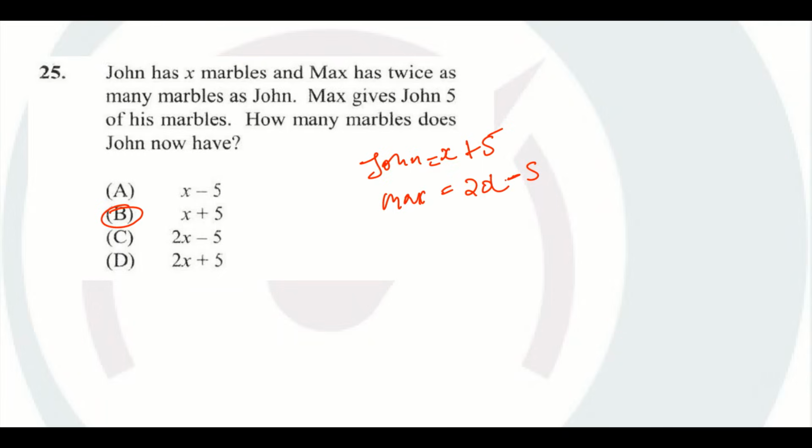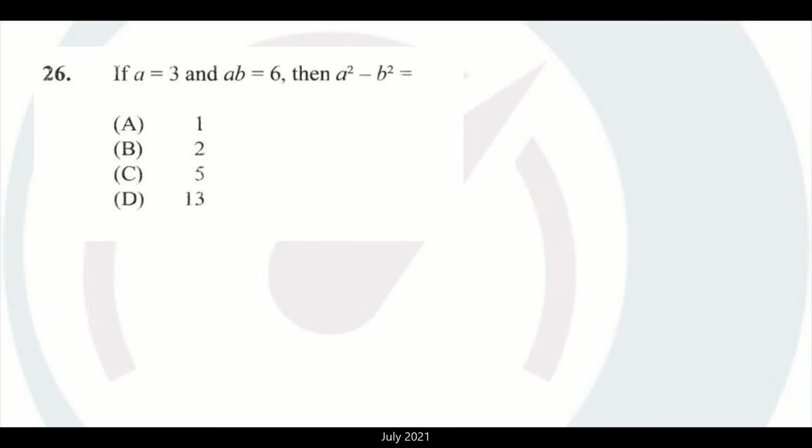Alright, next. Question 26. If A is equal to 3 and AB is equal to 6, then A squared minus B squared is equal to what? Alright, so A is 3, and AB equals 6. Now, common sense would dictate that B is equal to 2 because 3B is equal to 6, so divide both sides by 3.